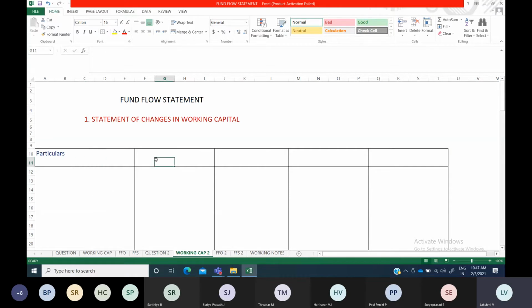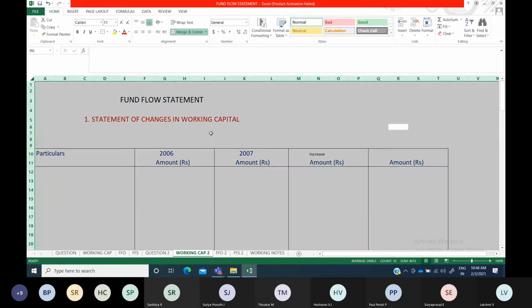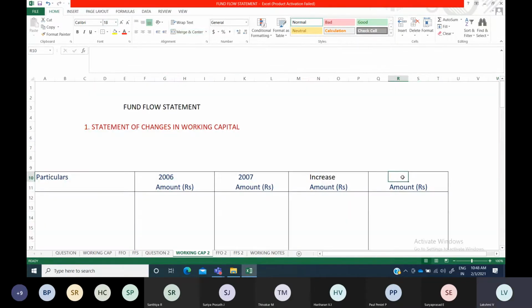The first column will be your particulars column, and then the years they have given, 2006 and 2007, with the amount in rupees. Then this column is your increase column and this column will be your decrease column.